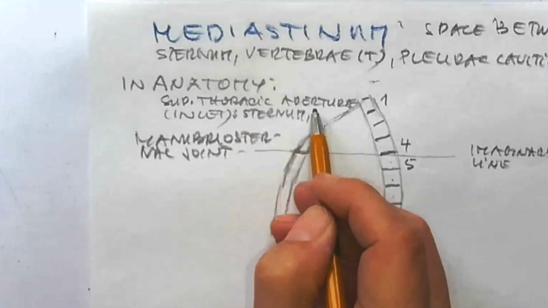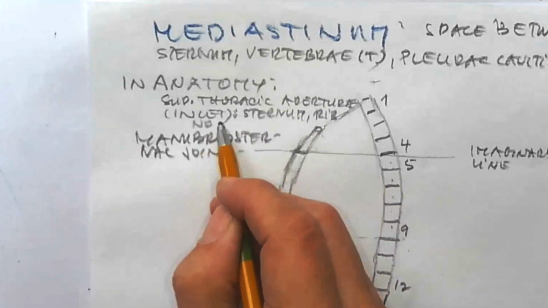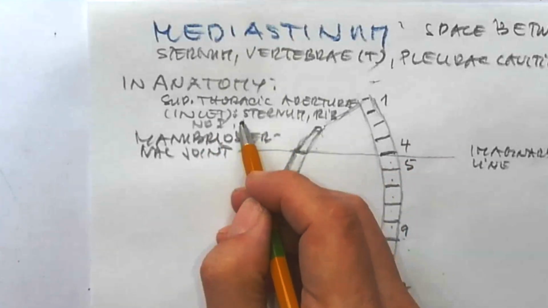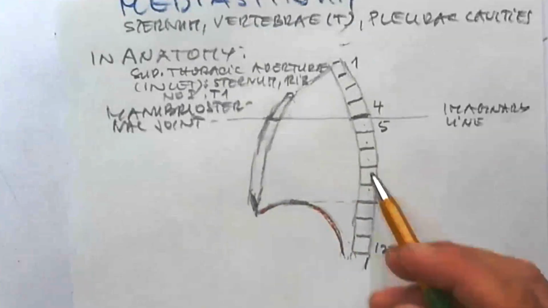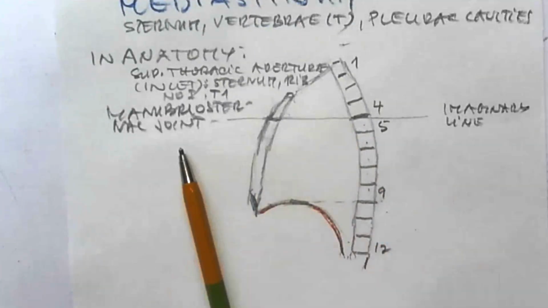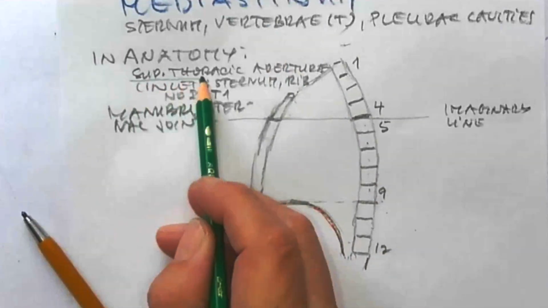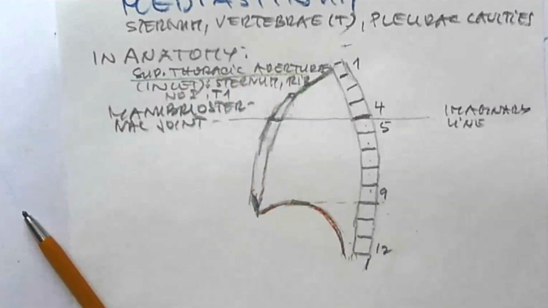What else? Rib number 1 first, and the T1 vertebra. This is easy. And then the superior aperture could be underlined by green, for instance. Superior thoracic aperture, that one in green.